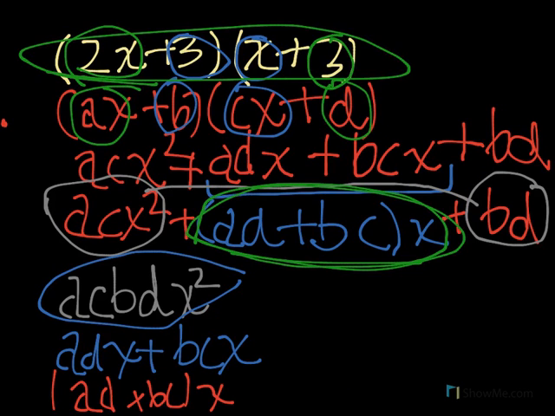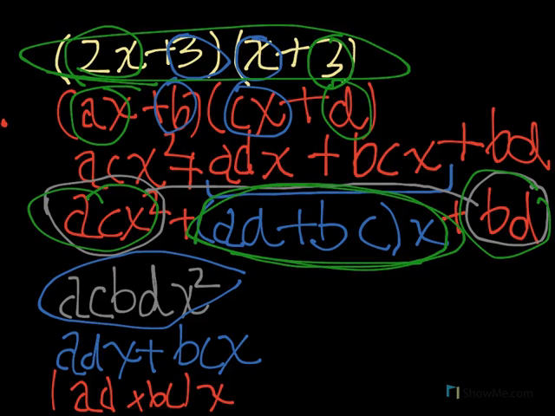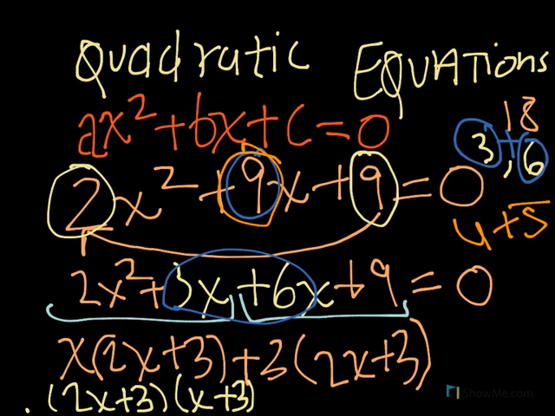But we have to multiply this with this, because if you just write 9 as 4 plus 5, which is true, and then start solving, let me solve it over here. The same statement: 2x squared plus 9x plus 9.